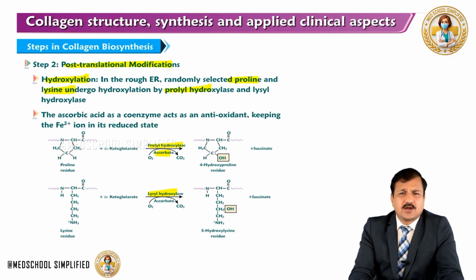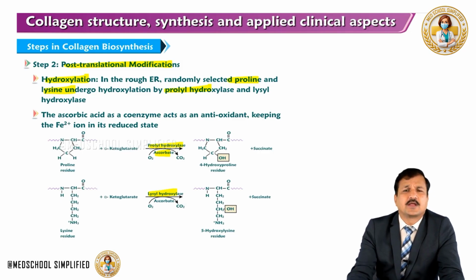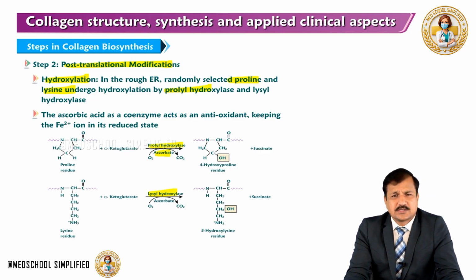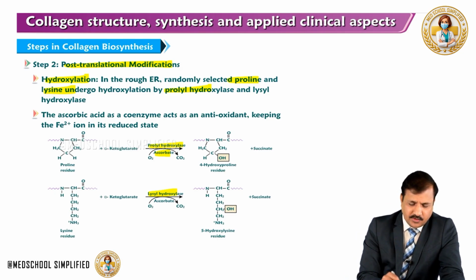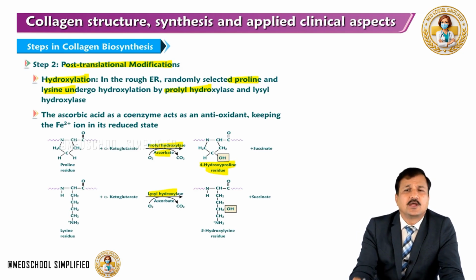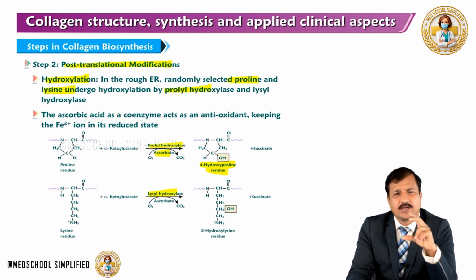Molecular oxygen enters this reaction and an atom of oxygen is introduced to make a hydroxyl group, making a 4-hydroxyproline residue in the polypeptide chain. This is how proline is converted into hydroxyproline, while alpha-ketoglutarate is converted to succinate.